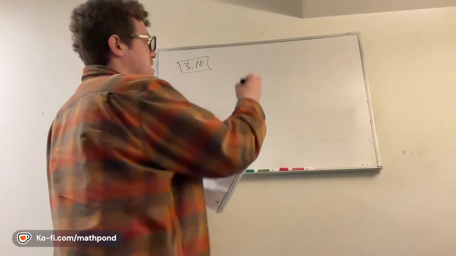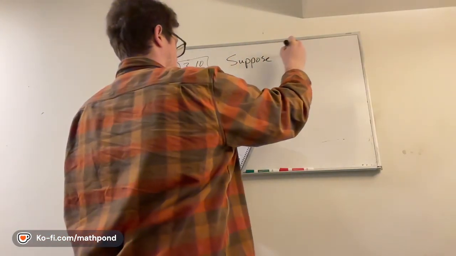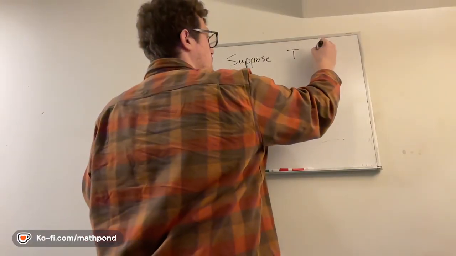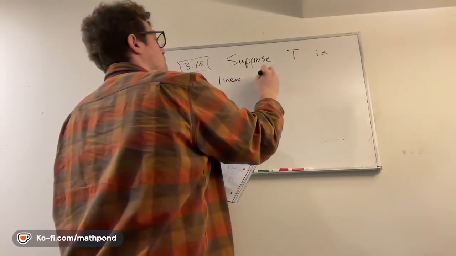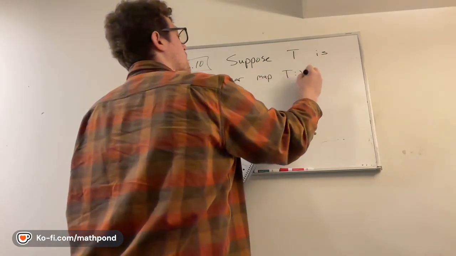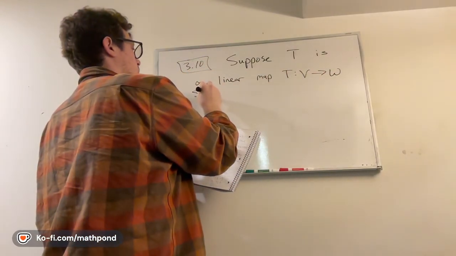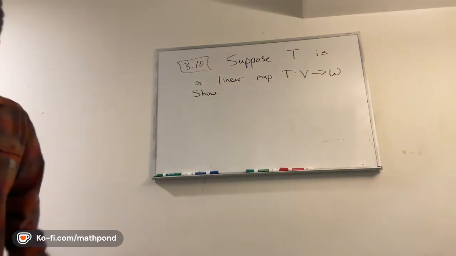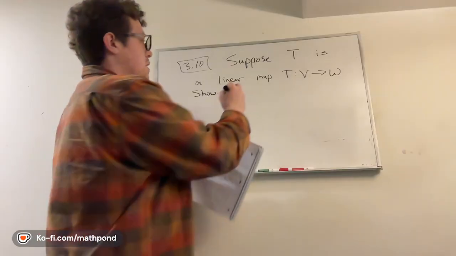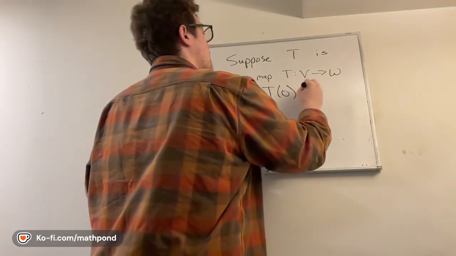So suppose T is a linear map. Show that T of 0 equals 0.